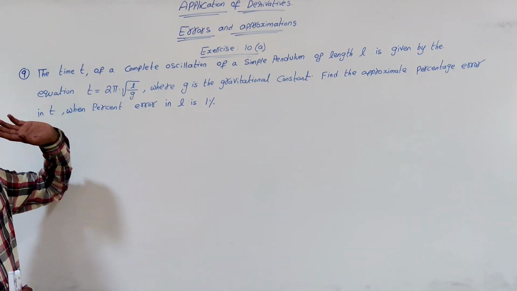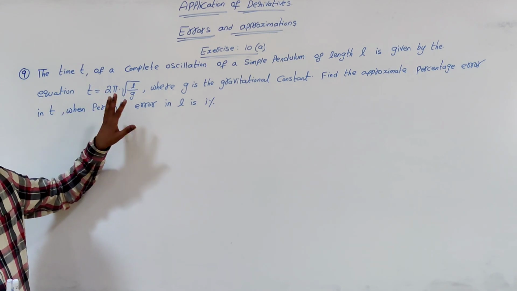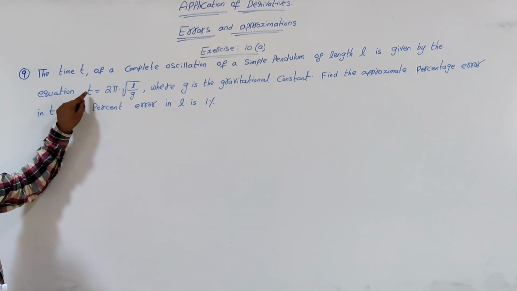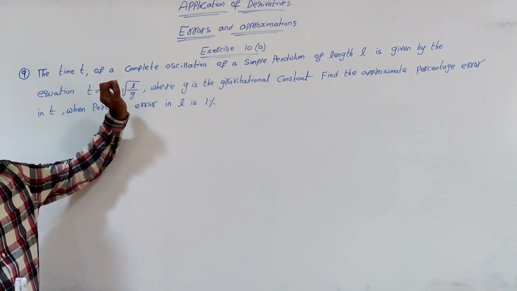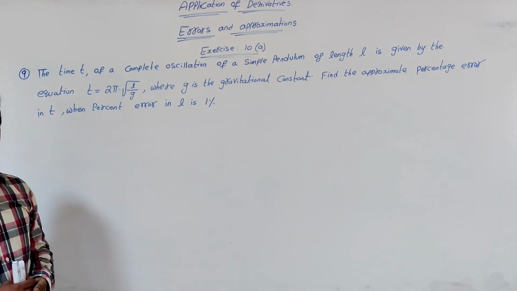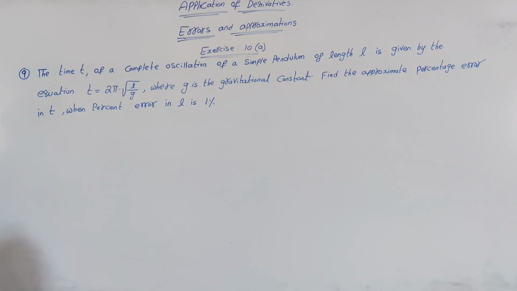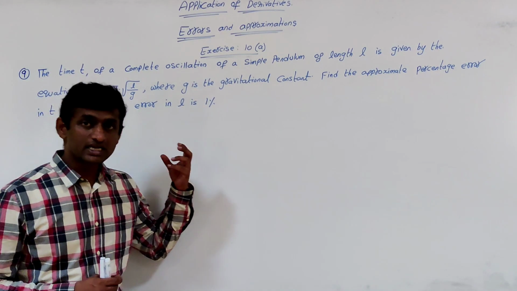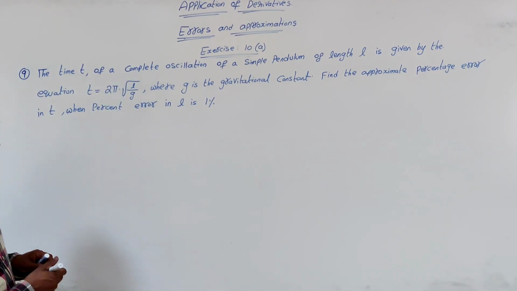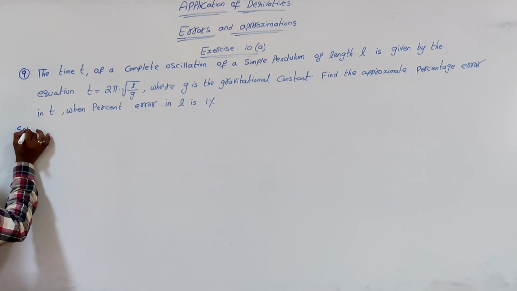So g is always fixed, which means the time depends upon the length of the pendulum. So find the approximate percentage error in t when the percentage error in its length is given as 1%. Okay, so solution.